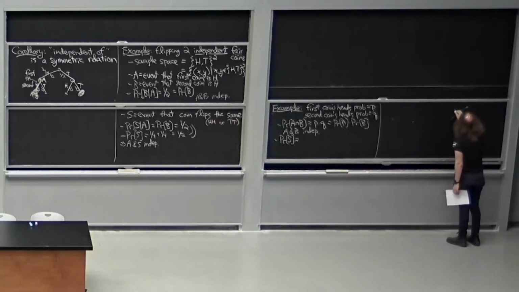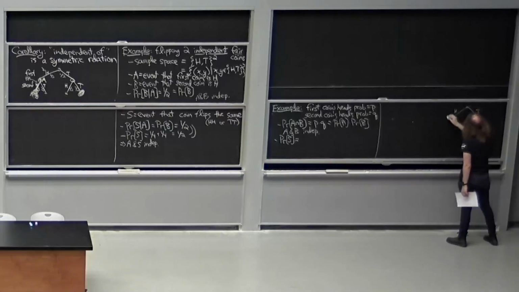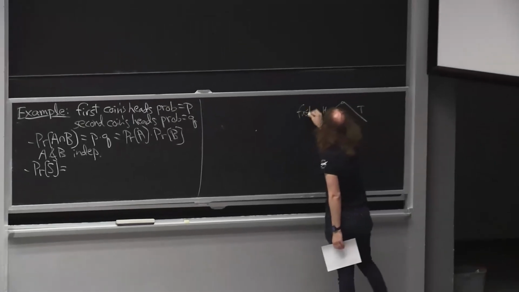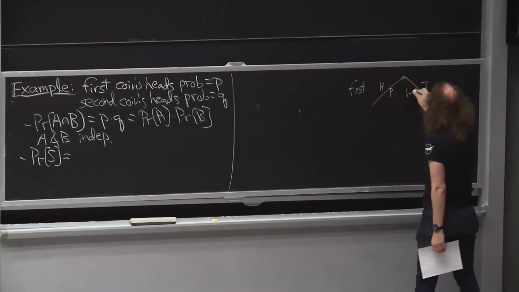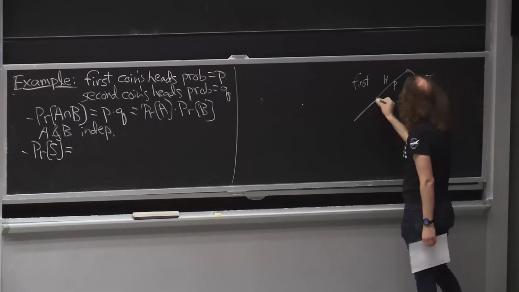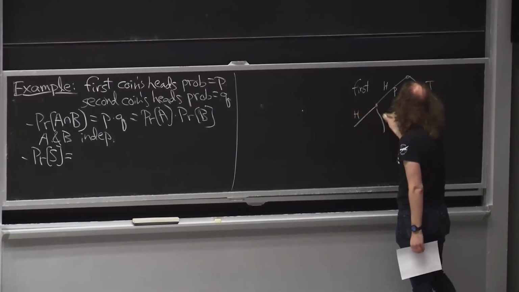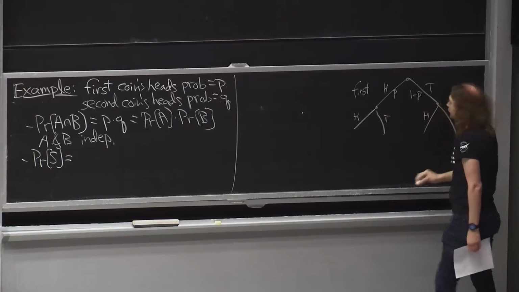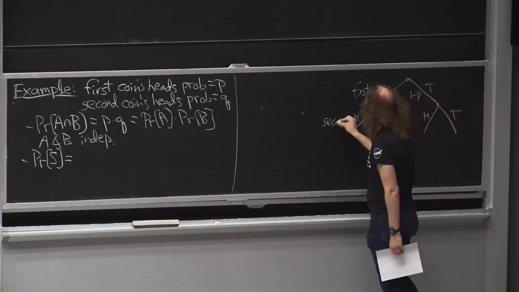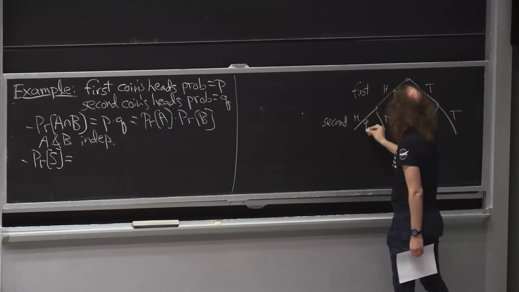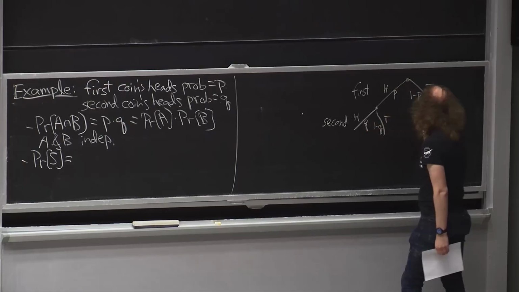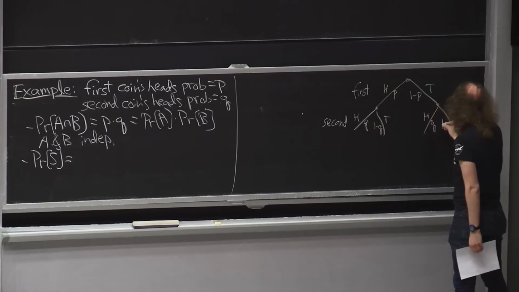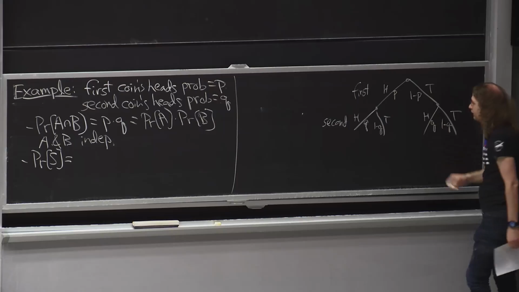So we've got heads, tails for the first coin. So this is probability P. This is probability 1 minus P. And then we've got heads and tails for the second coin, which we're assuming now is probability Q and 1 minus Q, independent of what happened before.